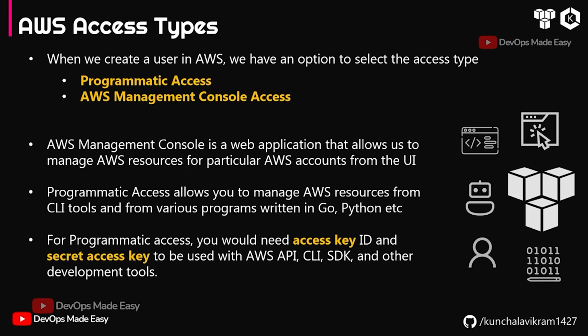And always remember, whenever a user gets access to an AWS account through the management console, he will have a password. But whenever a user accesses AWS through programmatic access, he will have two keys. One is the access key, the other is the secret access key. Using both of these, he can authenticate to his AWS account, and depending upon the permissions assigned to this IAM user, he can talk to various AWS resources.